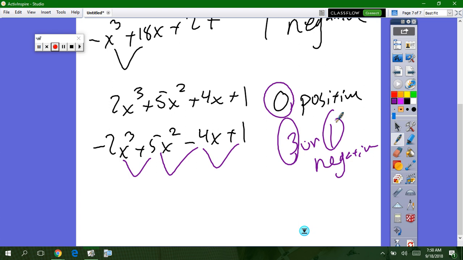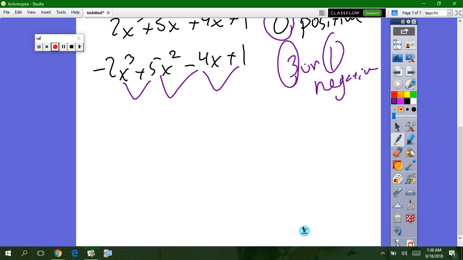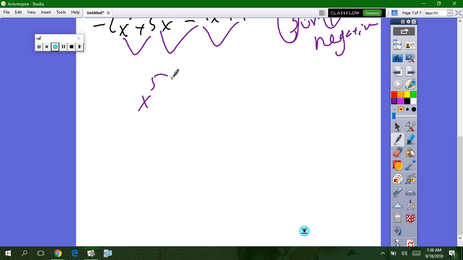What if it came out to be, let's say it's an x to the 5th graph, and it came out I have 4, 2, or 0 positives, and I have 1 negative. What are my choices? I could have 1 negative for sure because it's guaranteed. 1 negative, 4 positive.